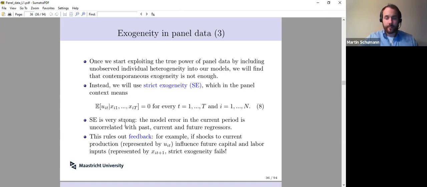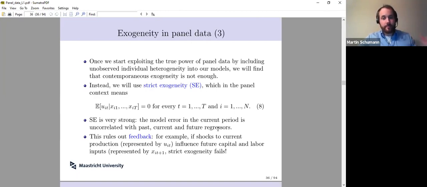Now, this condition is of course stronger than contemporaneous exogeneity because it does not, for instance, allow for feedback. That means the model error is uncorrelated with past, current, and future regressors.